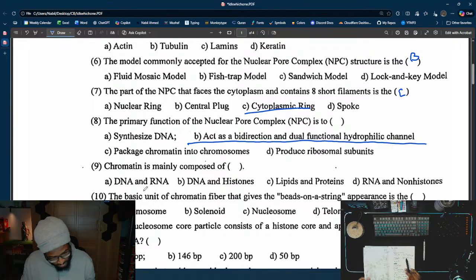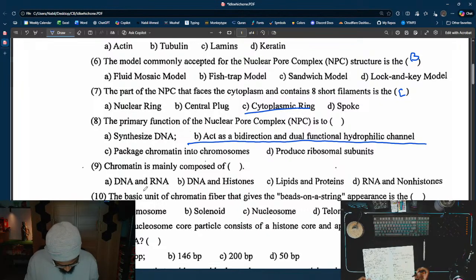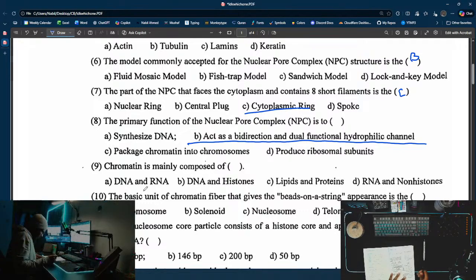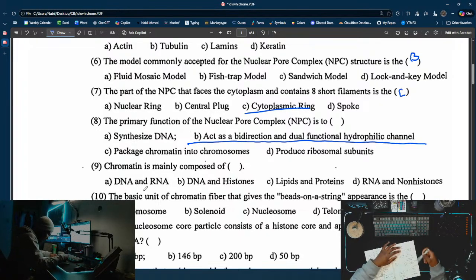I have it written somewhere over here. Yeah, bidirectional because it has dual function, because it is passive and active, and a hydrophilic channel.